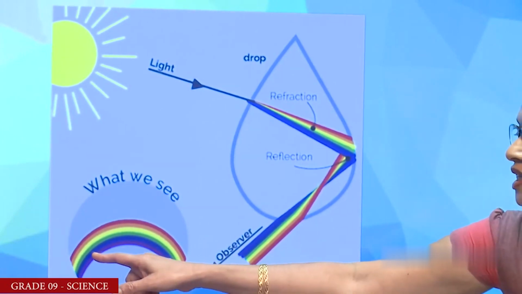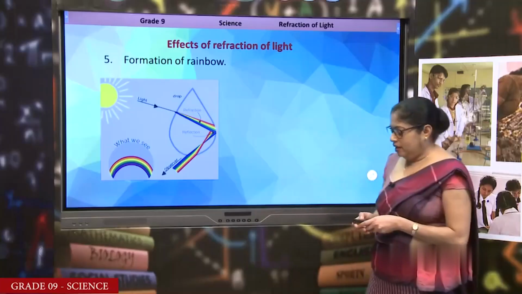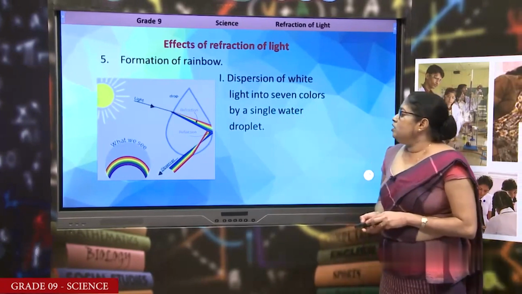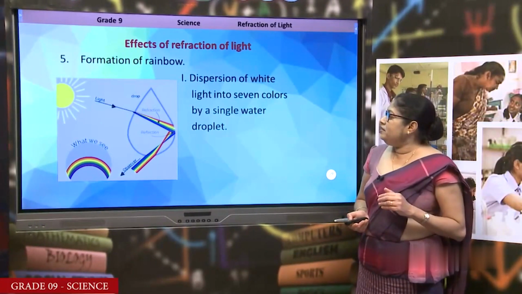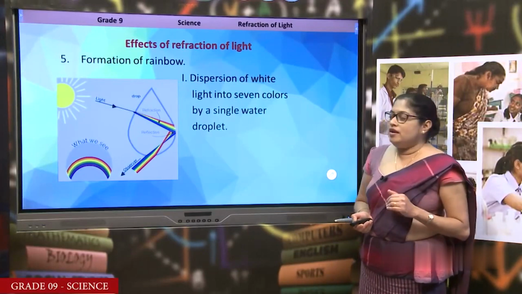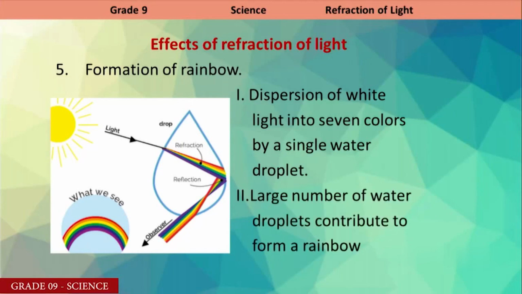This is what we see as the rainbow. Here light is dispersed into 7 colors by a single water droplet. Not only a single water droplet, but a large number of water droplets contribute to the formation of a rainbow.